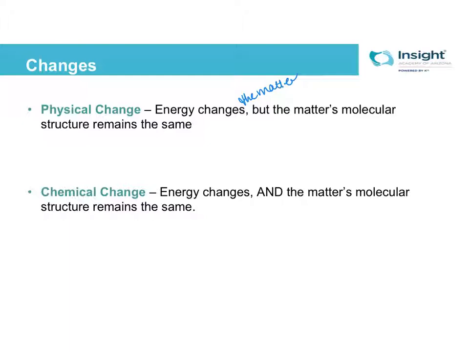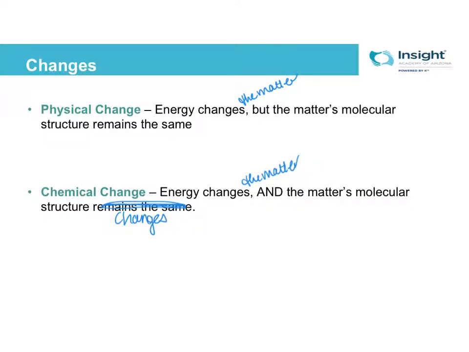You change the water, like maybe you evaporate it by adding heat to it, but you still have water molecules. Whereas a chemical change, you're going to apply energy. That energy changes the matter, and the matter's molecular structure changes. So say you take electrical energy, put it in water, and you split the water into hydrogen and oxygen. Now you no longer have H2O, you have H2 and O2.